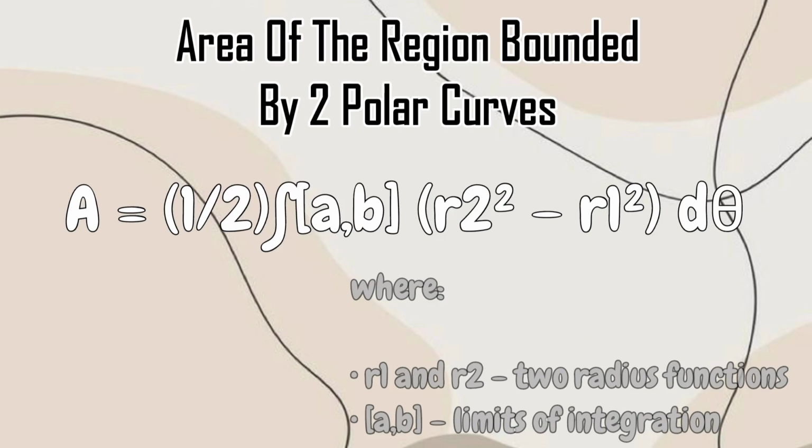This formula works because it calculates small slices of area using rectangles with width d theta and height r sub 2 squared minus r sub 1 squared, then adds up all those slices to get the total area.